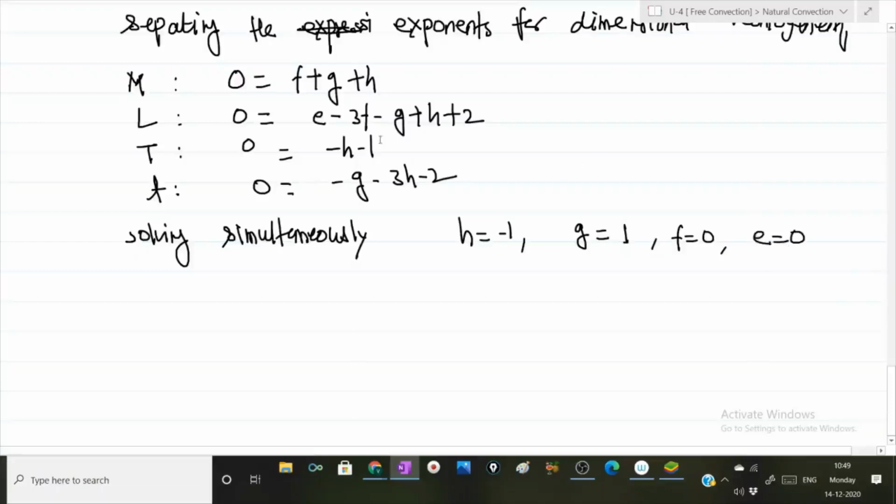Okay, when you solve these four equations simultaneously, you will get the values of e, f, g, h as follows.